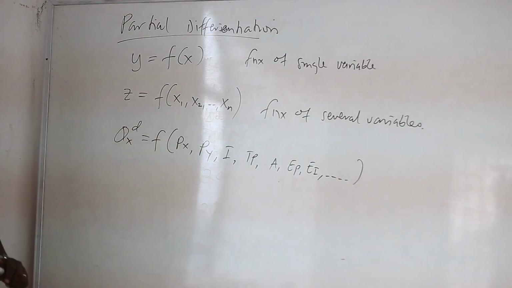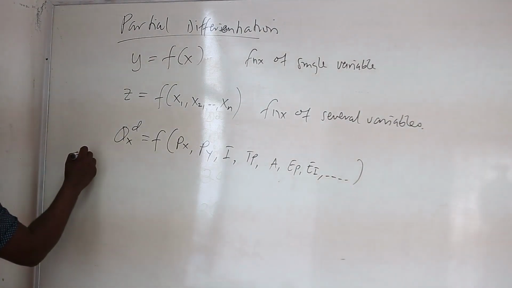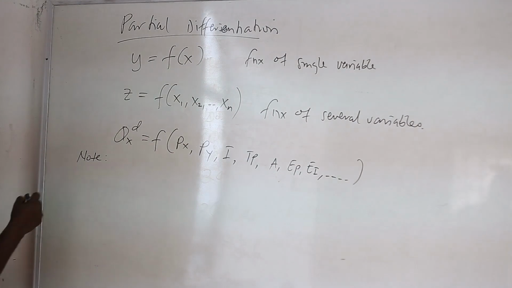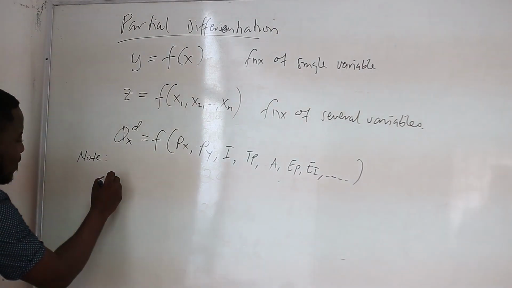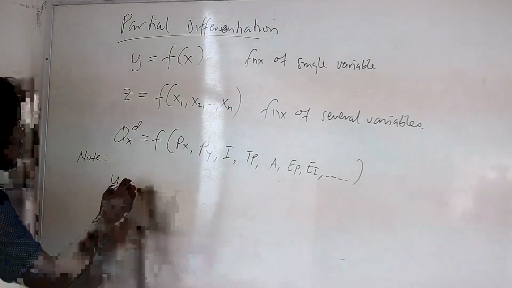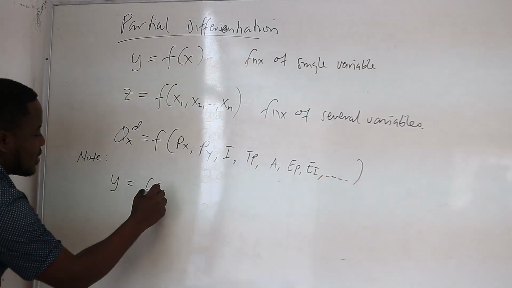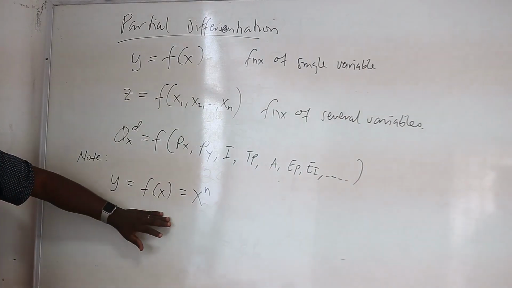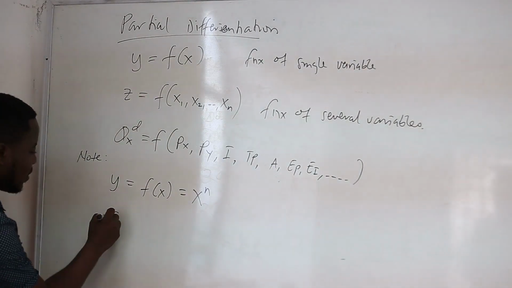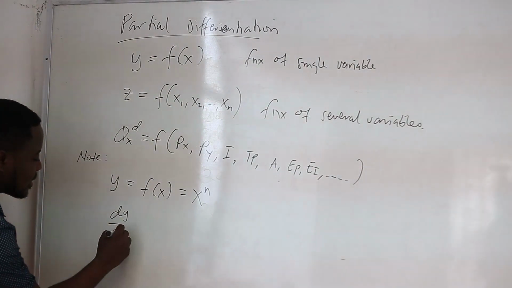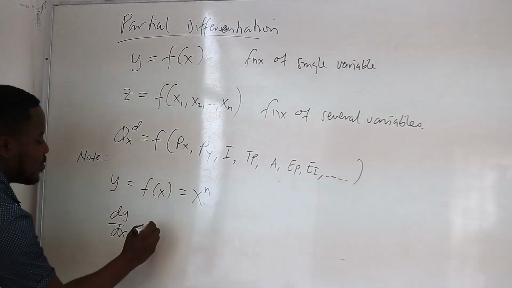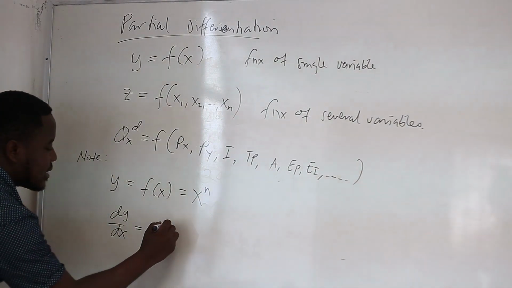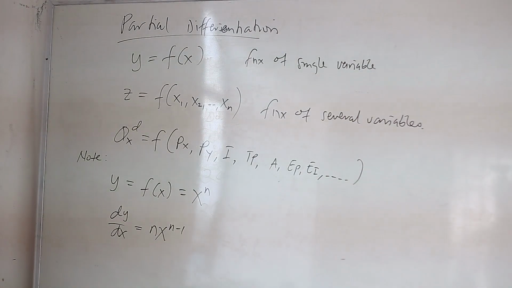One thing you have to notice, from previous lectures last week: we know that if y is equal to f of s, equal to s to the power n, this was known as the power rule, dy ds is equal to n s to the power n minus 1.